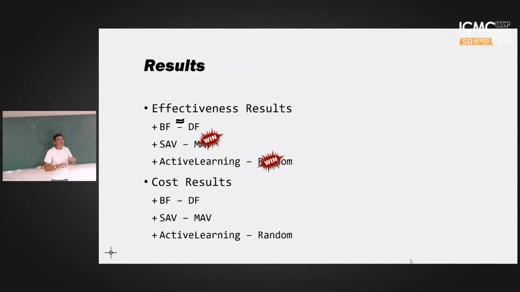okay, it is my experimentation. I have a lot of threats to validity because I have to extend. We can change the models, but I tried to limit my threats to validity. But I observed on 18 applications that random covered much more than active learning. As for the cost, breadth first and depth first are almost the same. As the cost, I intended the time of execution.